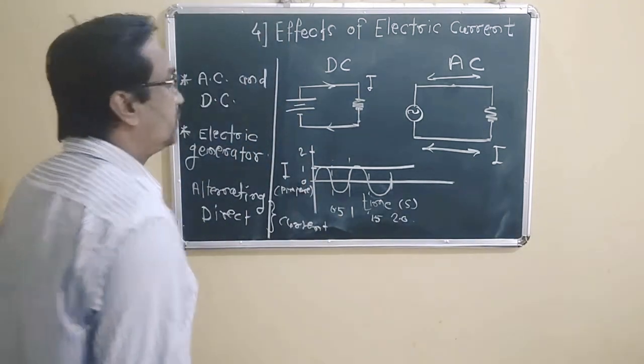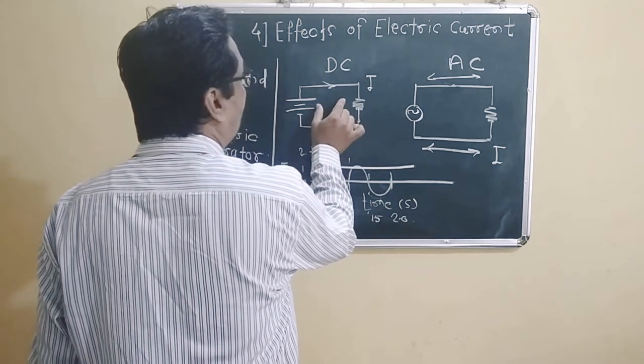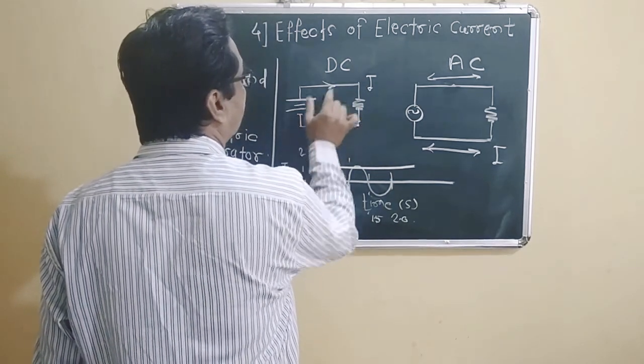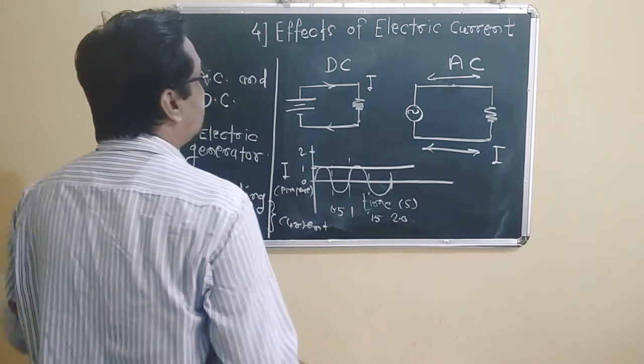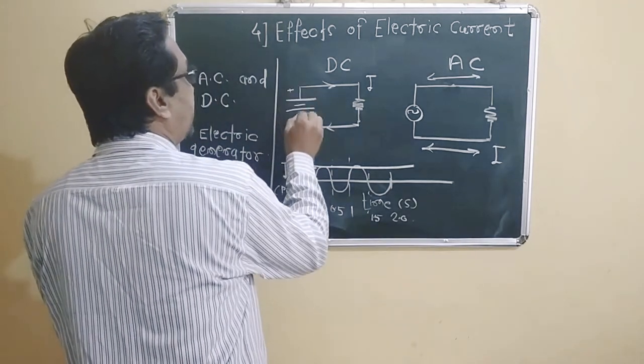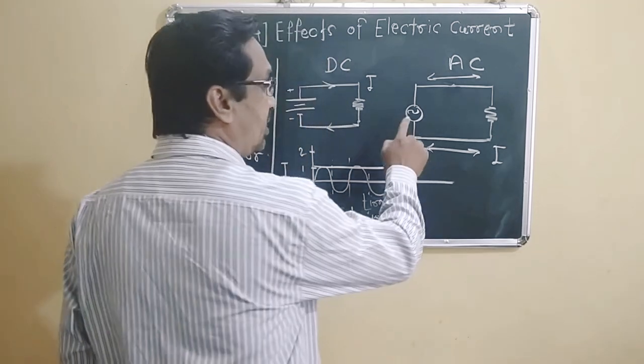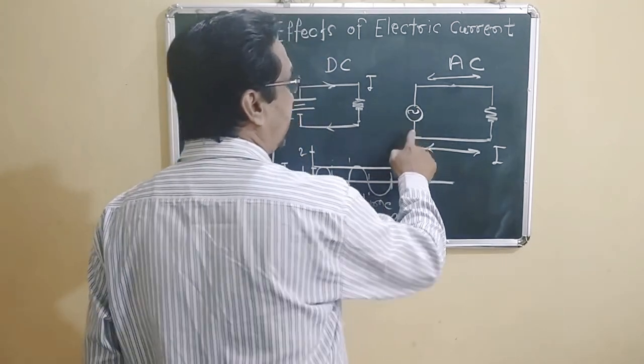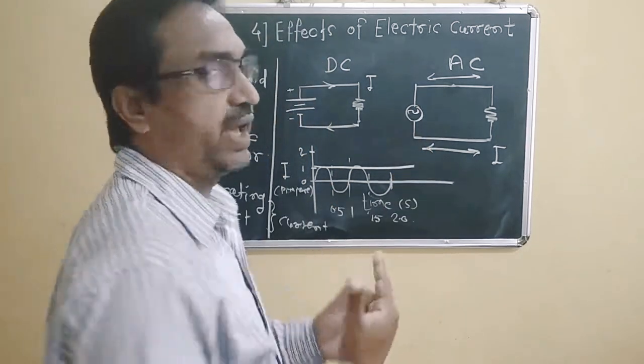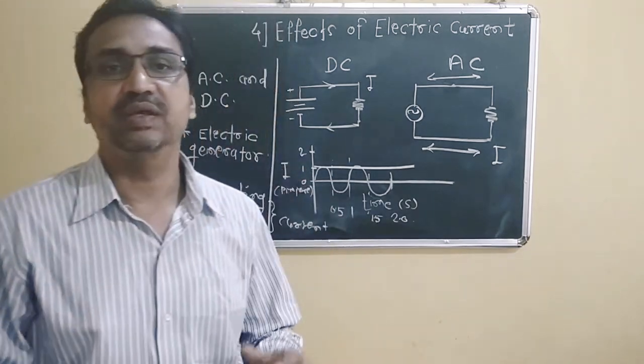So here are the two diagrams. One of the circuits is connected with a direct current. The symbol of the direct current is like this, and the symbol of alternating current is like that. Direct current flows in a single direction.